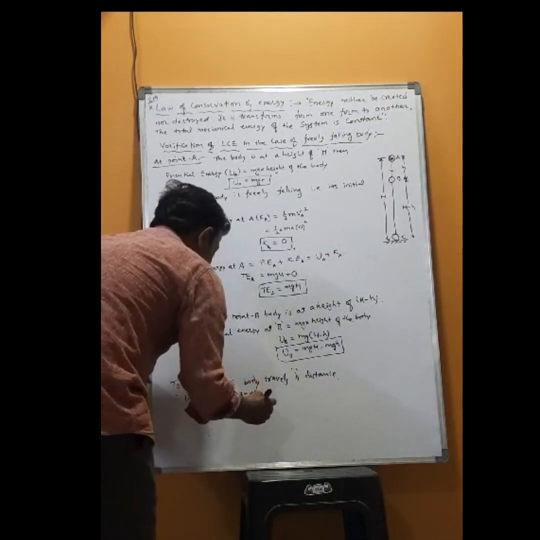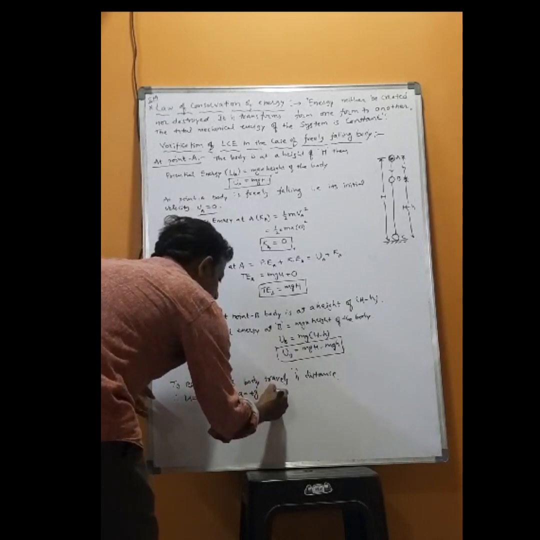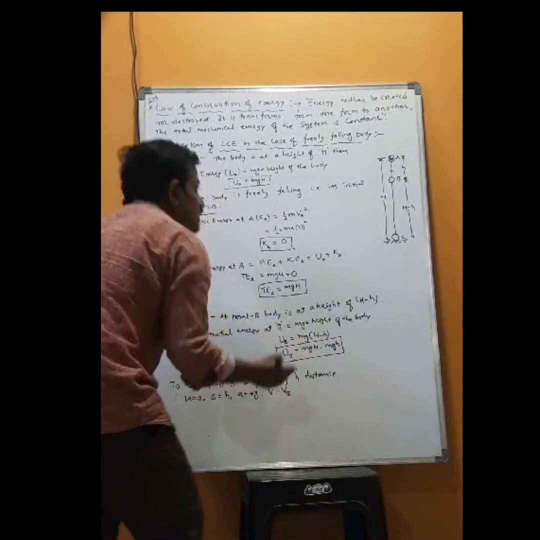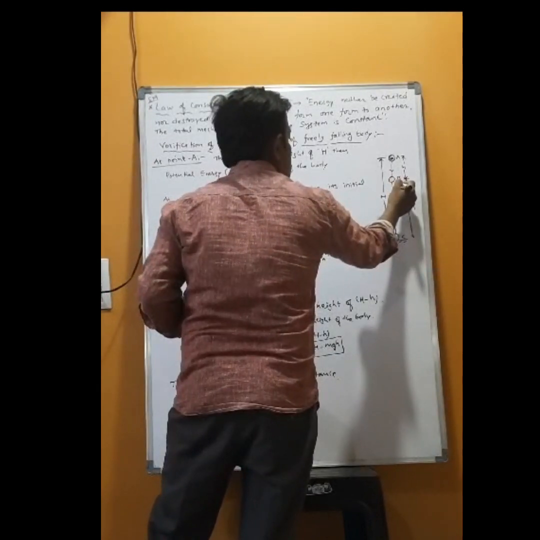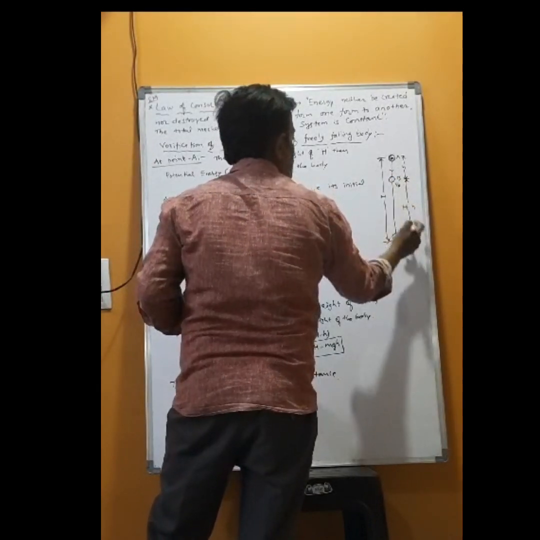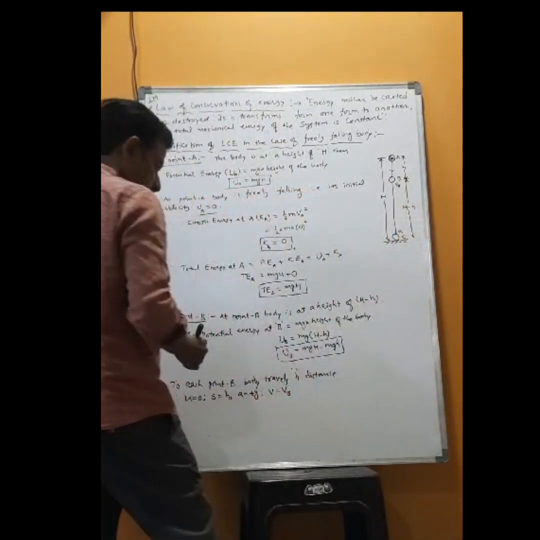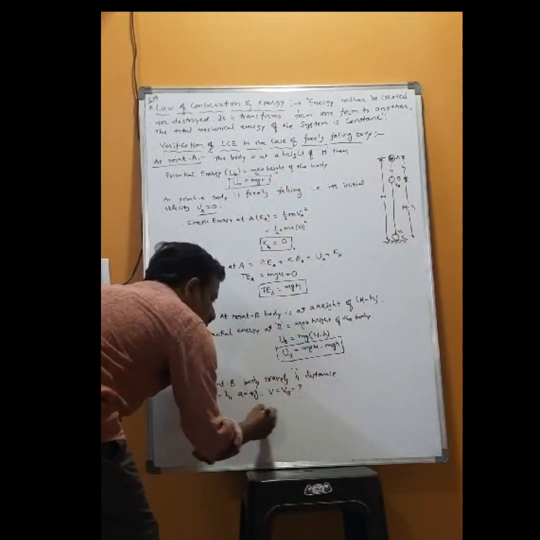The final velocity we are considering at this point is VB.